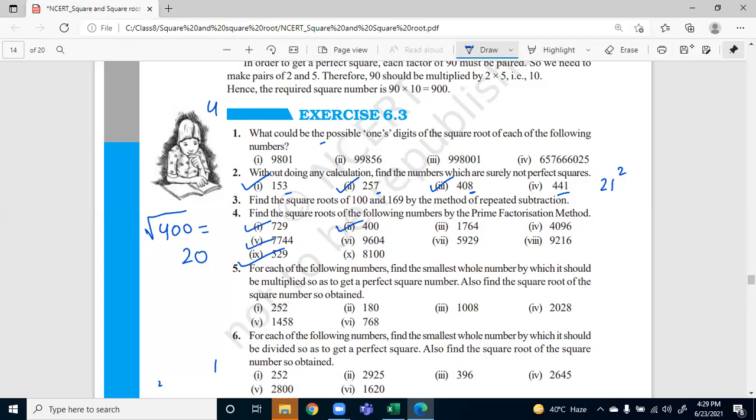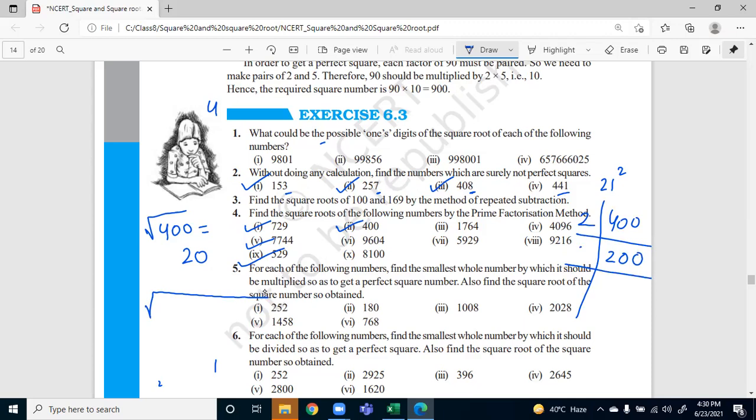Excellent. So let's move to fifth and ninth part. Can you explain? Yeah, I can explain. As Dhriti told you, if I do the prime factorization of 400, let's divide it by 2. If I divide it by 2, I get 200.